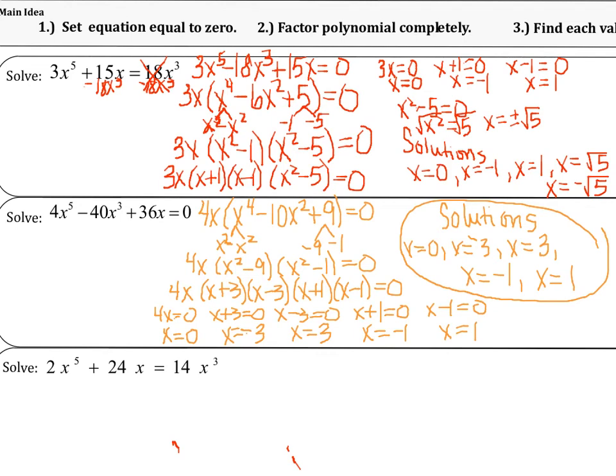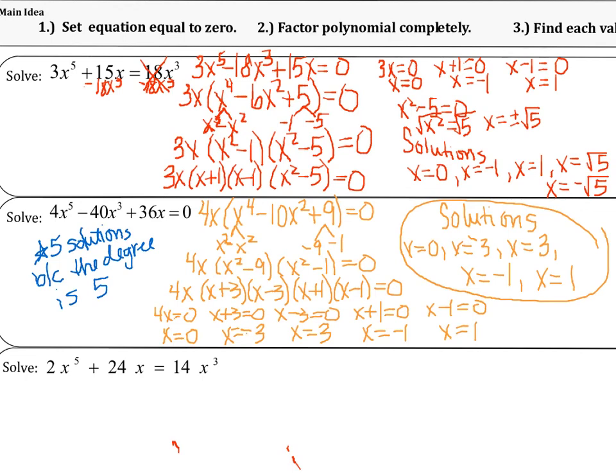Okay, so 5 solutions because of the degree. Make sure you make a note of that. We'll make a note right here. 5 solutions. If I can spell the word solutions right. 5 solutions because the degree is 5. So if I have a second degree polynomial, I often have 2 solutions.